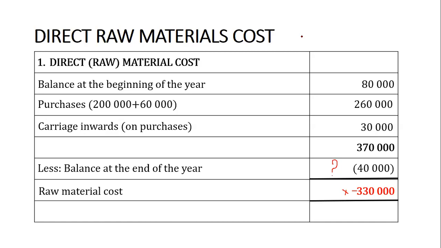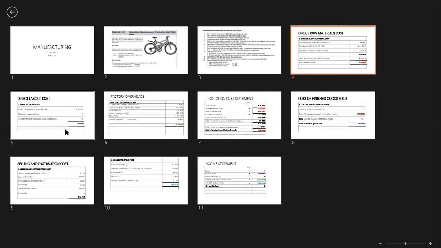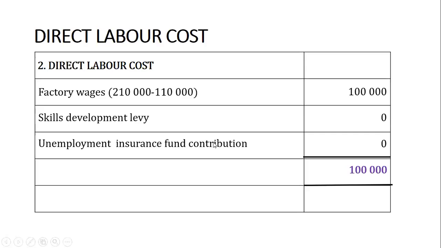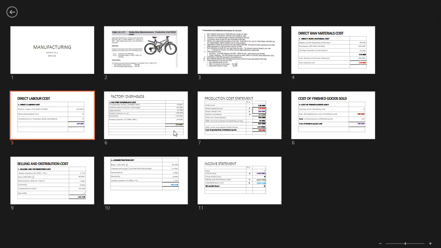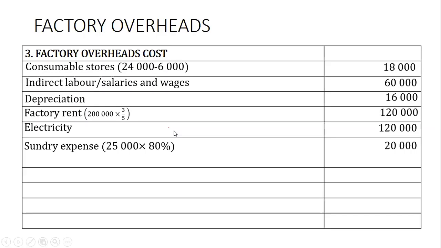Yes. What do I do with these values? For raw materials, I have 330,000. For direct labor, I have 100,000. For factory overheads, I have 354,000, which is the sum of all of those.